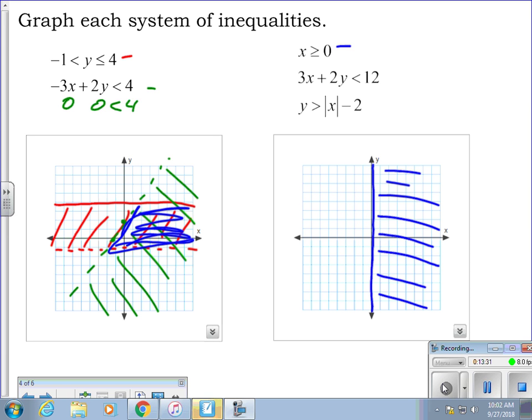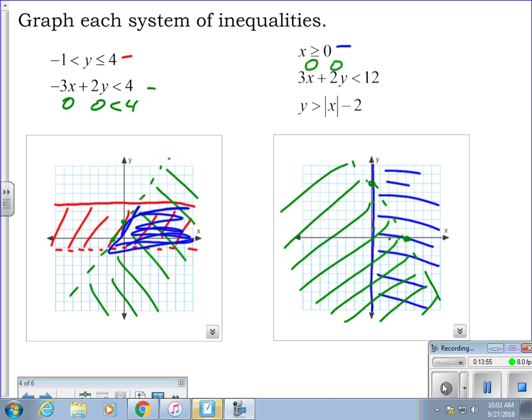My y-intercept is 6. 1, 2, 3, 4, 5, 6. My x-intercept is 4. 1, 2, 3, 4. And I have a dashed line between them. Test the origin. 0 plus 0 less than 12. 0 is less than 12. So it's everywhere here. So right now I have this little triangular space.